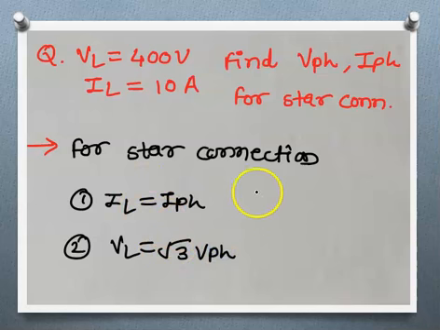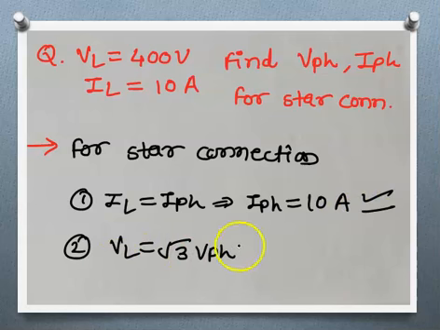Okay, so let's calculate IPH. IPH is equal to, as both are the same, IL is 10 ampere, so IPH will be 10 ampere only. Now see here VL is given as 400 volt, and we want VPH, so VPH will be VL divided by √3.